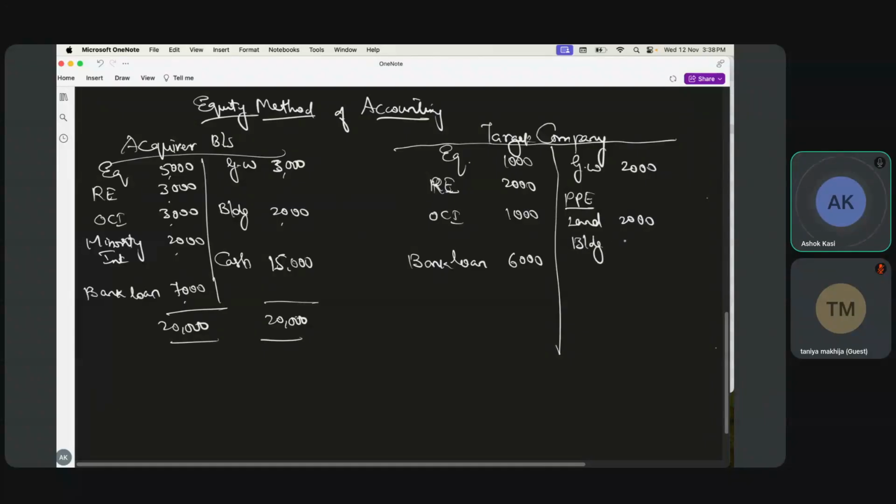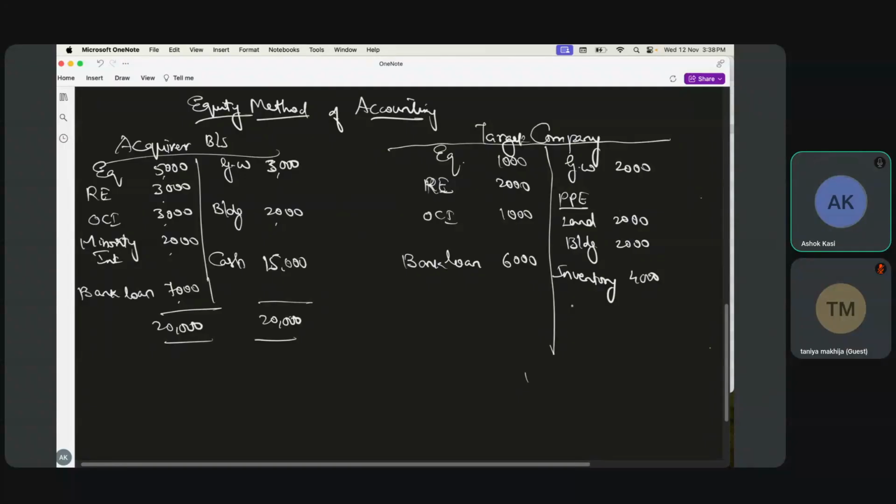Building 2,000. Inventory 4,000. And the total comes to 10,000.